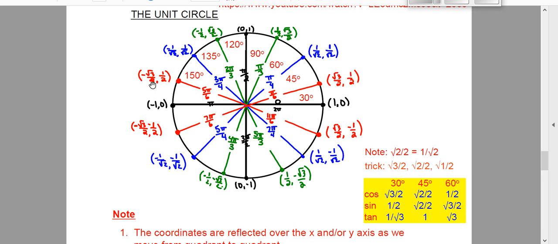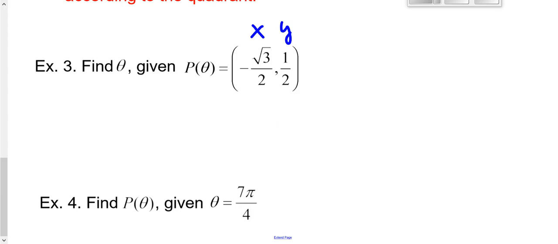Either this or this. And which one at the same time has a y value of 1 half? Not this one, this one. What is that angle? 5 pi over 6 or 150 degrees. So in this case, angle theta would be 5 pi over 6, or 150 degrees.